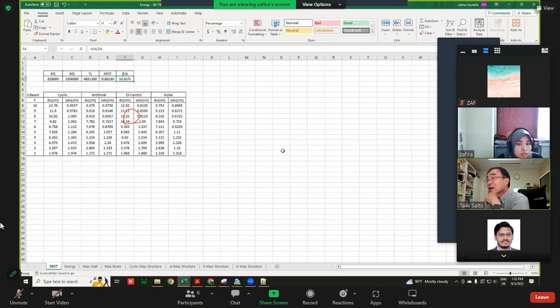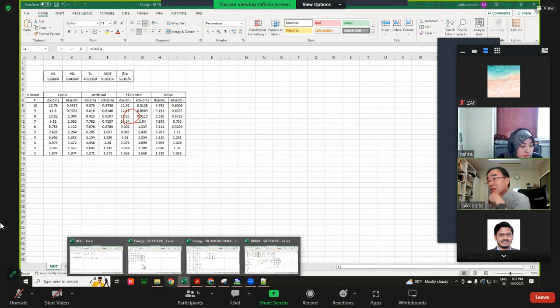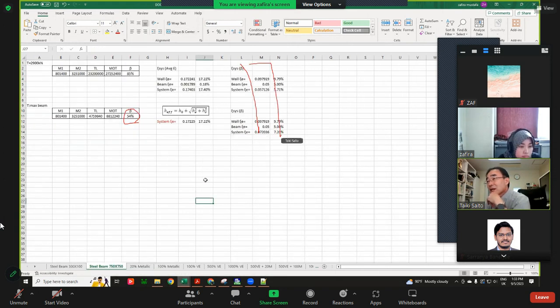Okay, now it's very important to discuss how much energy is dissipated by the coupled wall and how much energy is dissipated by the coupling beam. So it's a kind of ratio comparison, damage of beam or damage of wall.